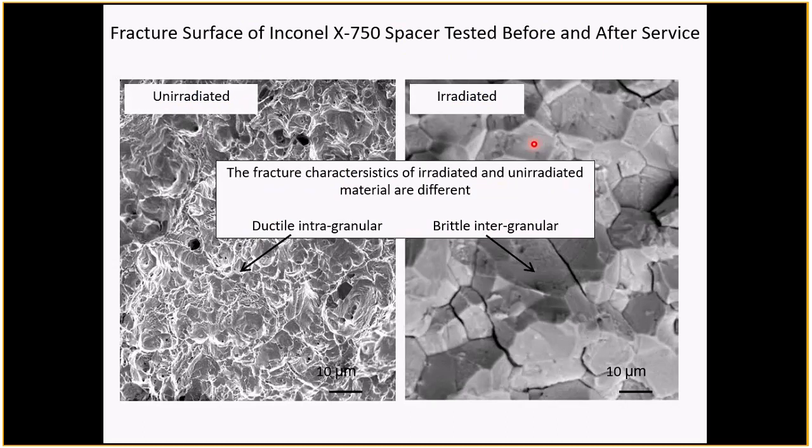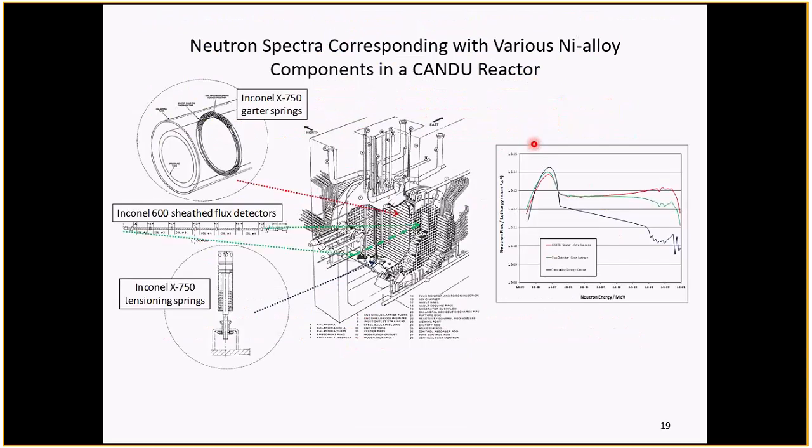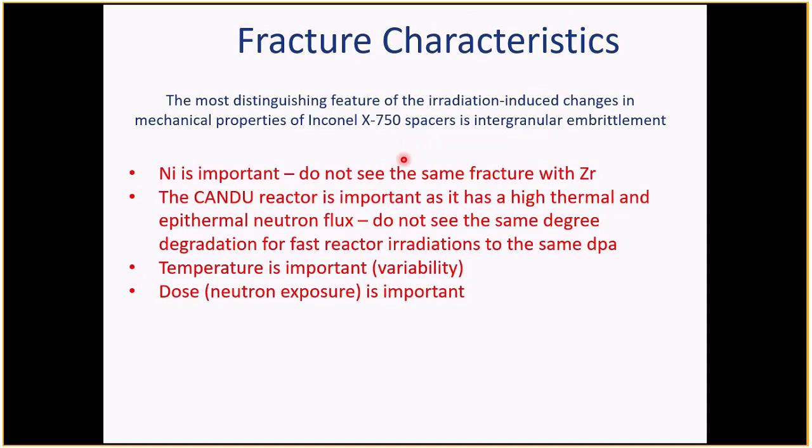What we're building up here with all this OPEX is that a general trend is being observed. When it comes to Inconel alloys, I've chosen one here, Inconel X750, intergranular embrittlement is a common feature. So it's nickel that is important, because we don't see the same types of fractures with zirconium, for example.